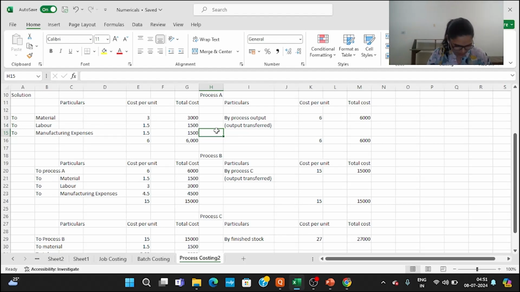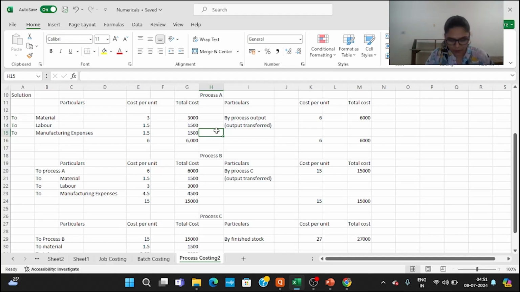In each process, the quantity produced is shown in different ways: when the entire units produced in a process are sent to the next process, and when a part of the output is transferred to the next process and a part is retained. If the entire output is transferred to the next process, then the process is credited with the entire quantity and cost of production where it was produced.